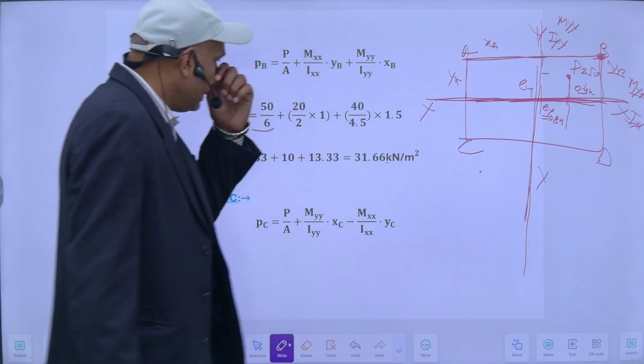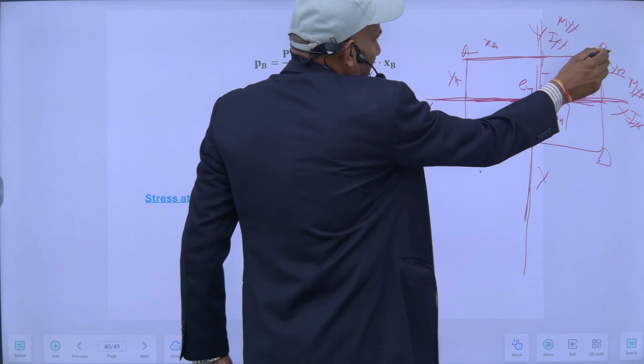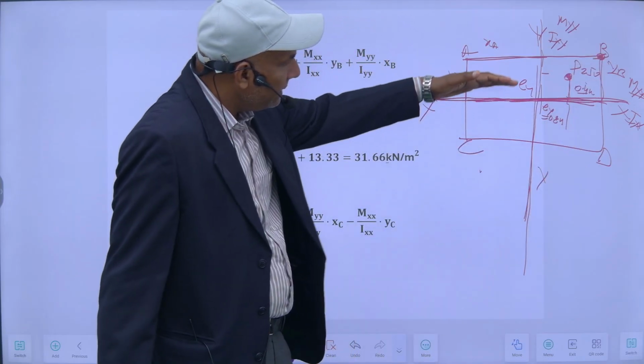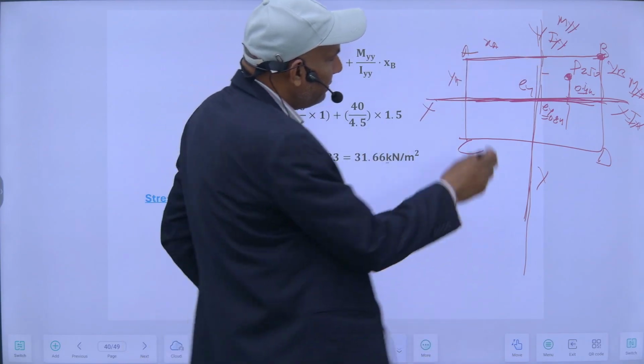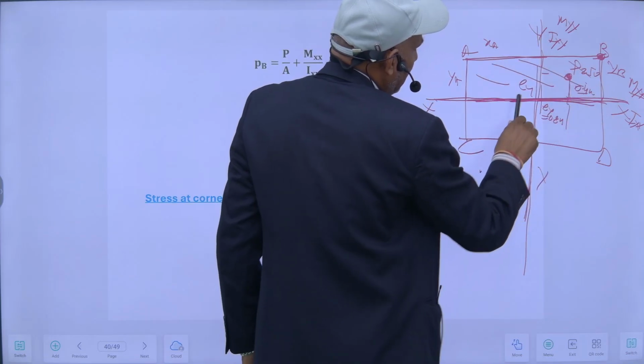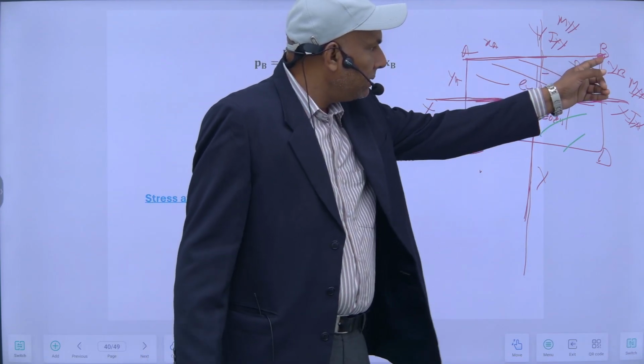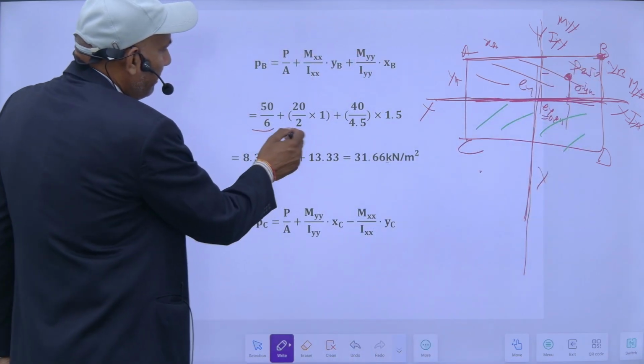If you see the effect of this load, it will create compression on this face and tensile on this face, so it will be compressive here, means positive.